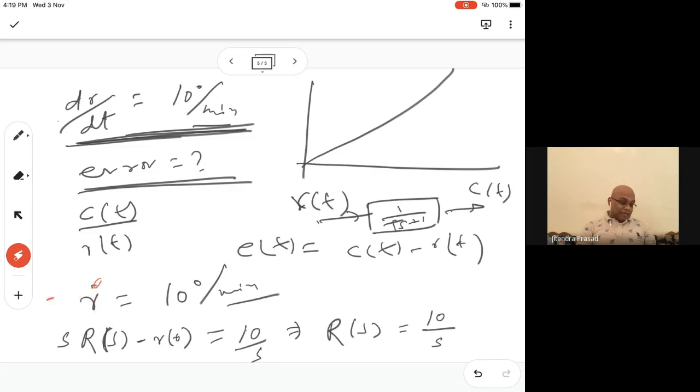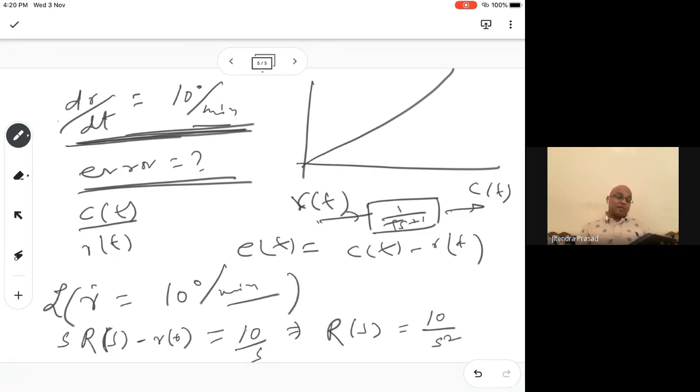If we take a Laplace transform on both sides, whenever there is a derivative, what you get in this case is S times R(s) minus R(0) equal to, and this is simply a unit step. So for a unit step, you have 1 over S. So what you get, R(s) equal to 10 over S square.